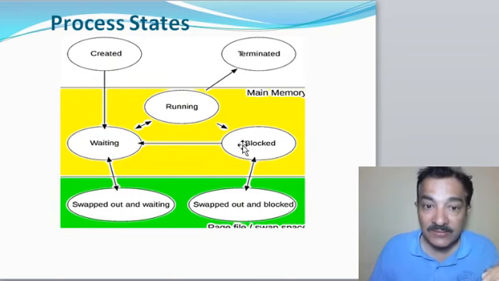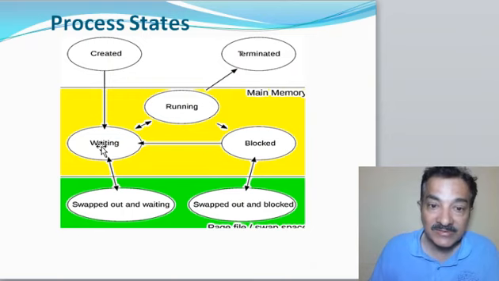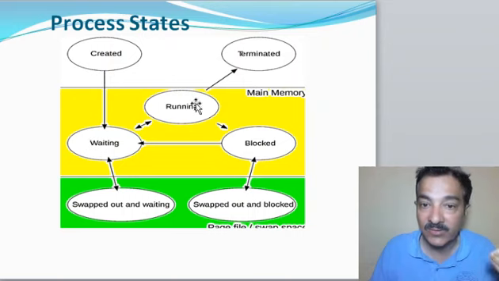There are also chances that some process is waiting here, and even then, if it's not really active, it can be swapped out and wait in the secondary memory, and whenever it becomes active, it can be copied back to the ready queue and given for execution.